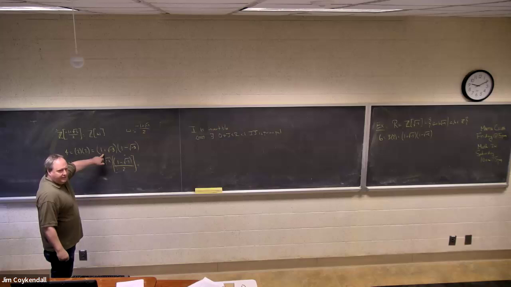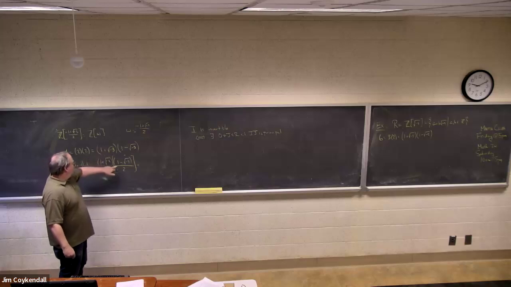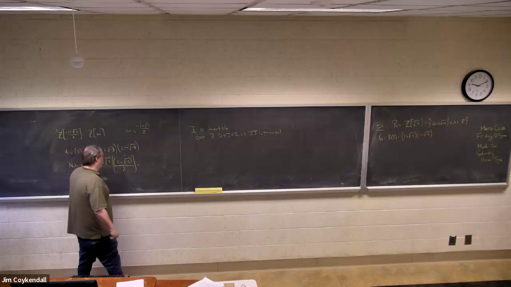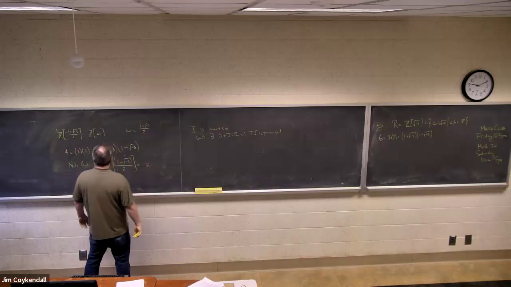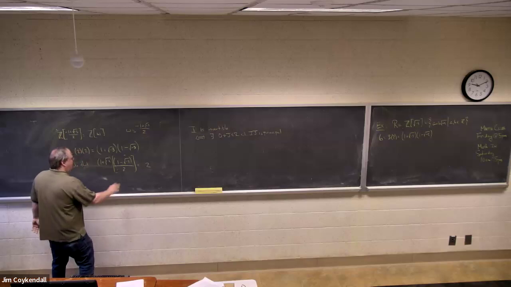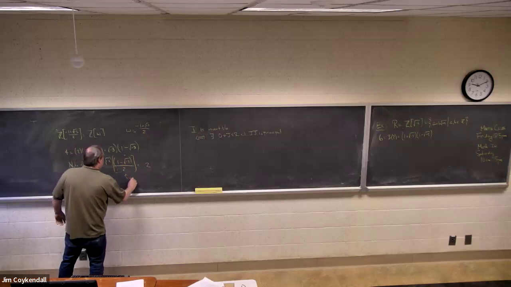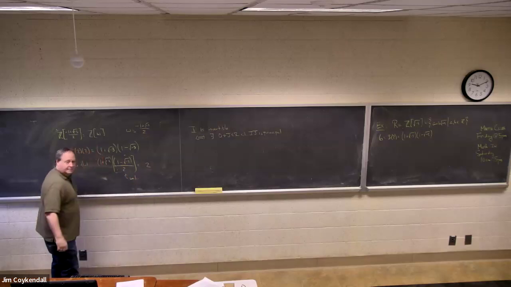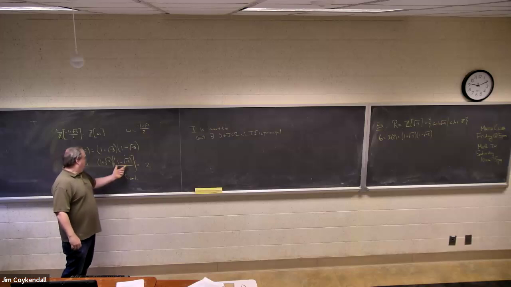Notice that what happens when I take this right here and multiply it by this thing? I get 4/2, which is 2. And this is actually a unit. In fact, if you multiply it by its conjugate, you get 1.